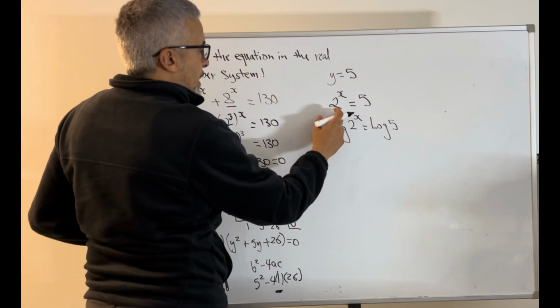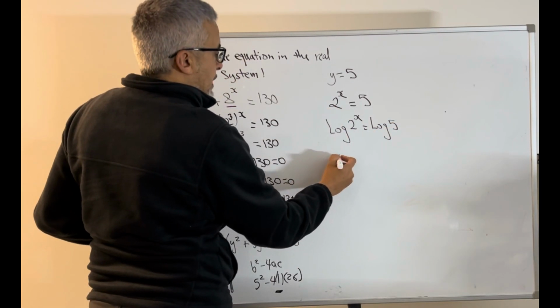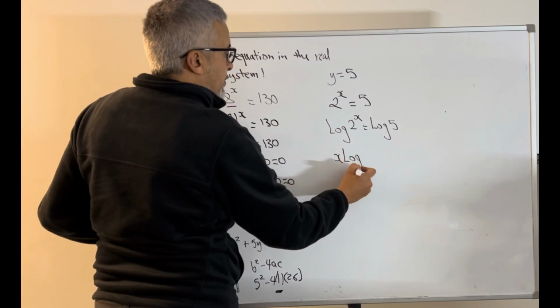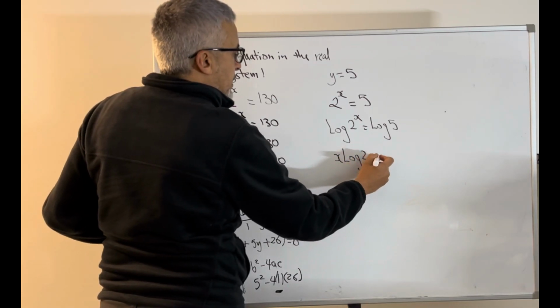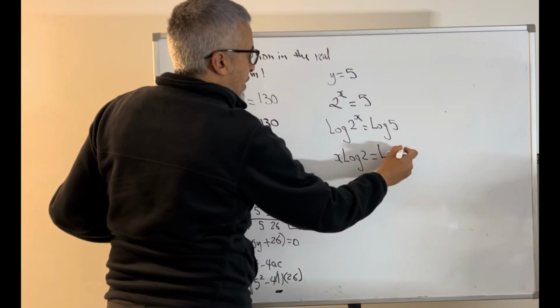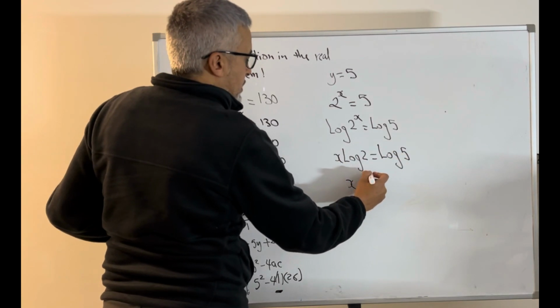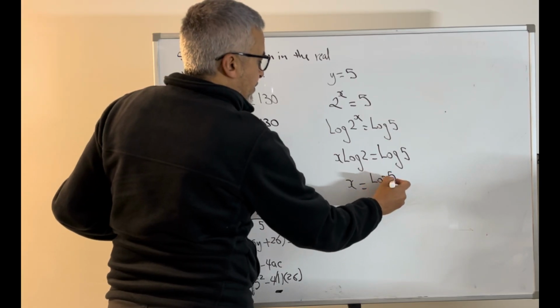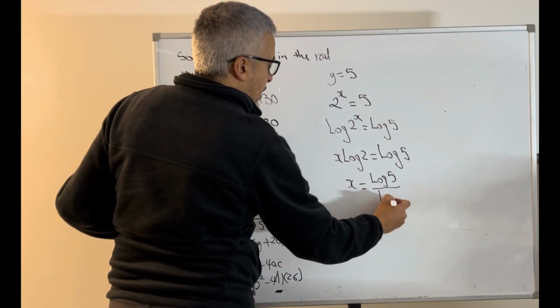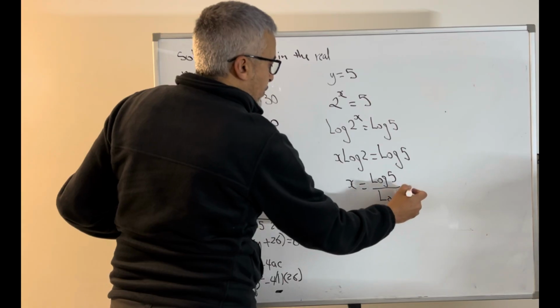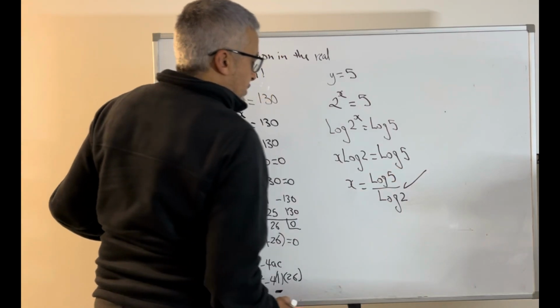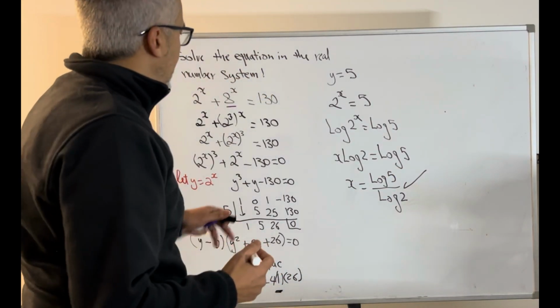Logs allow us to bring the x down, so that's going to become x log 2 equals log 5. Divide both sides by log 2, and therefore x equals log 5 over log 2, and we would leave the answer in exact values. And that's the answer for this.